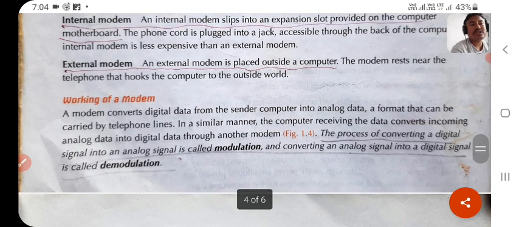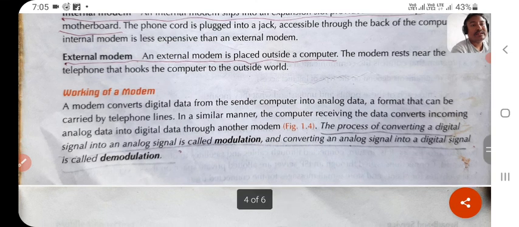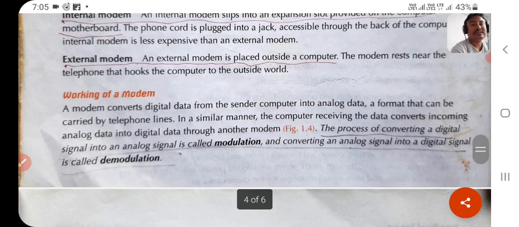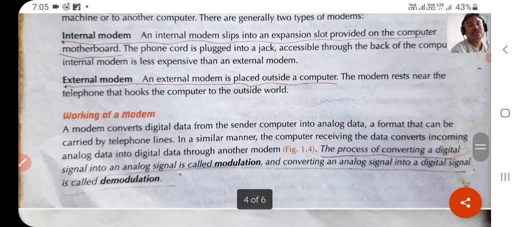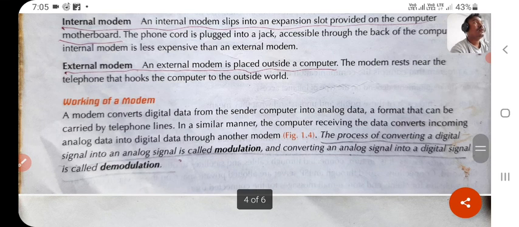So the process of converting a digital signal into an analog signal is called modulation, and converting an analog signal to a digital signal is called demodulation. So modem means modulation and demodulation.